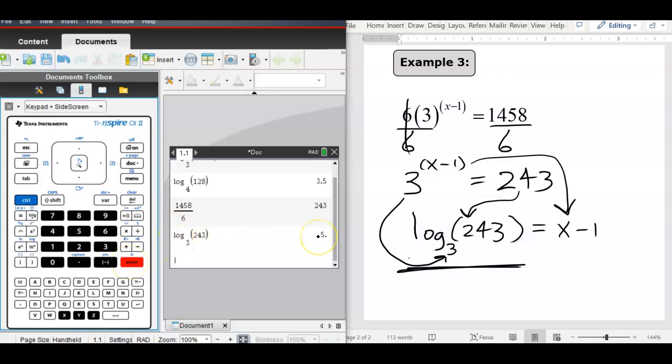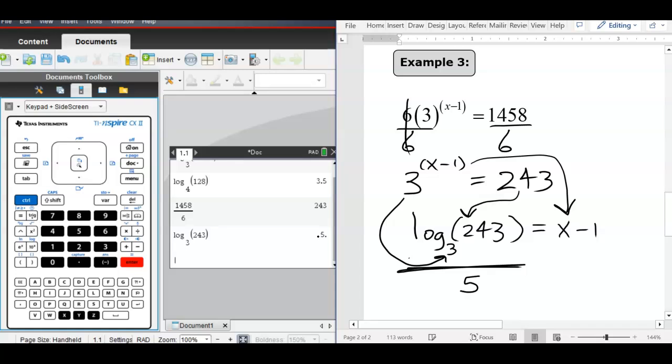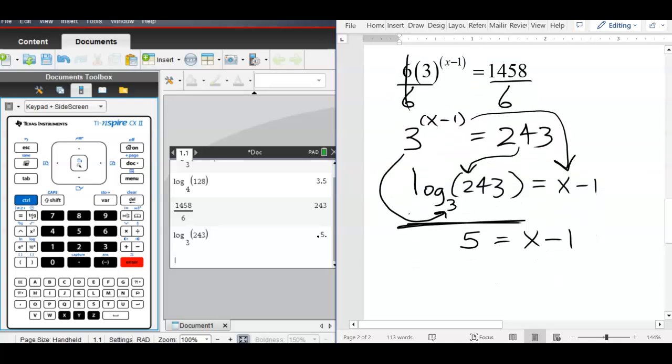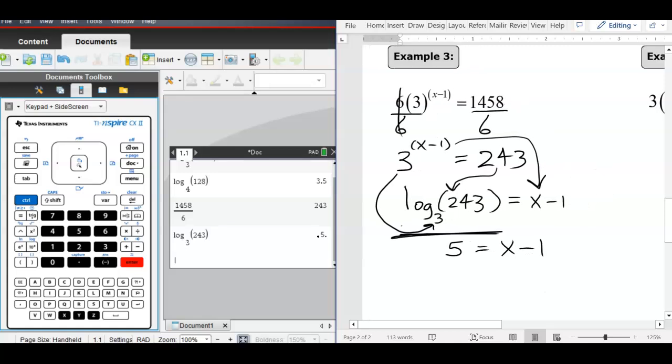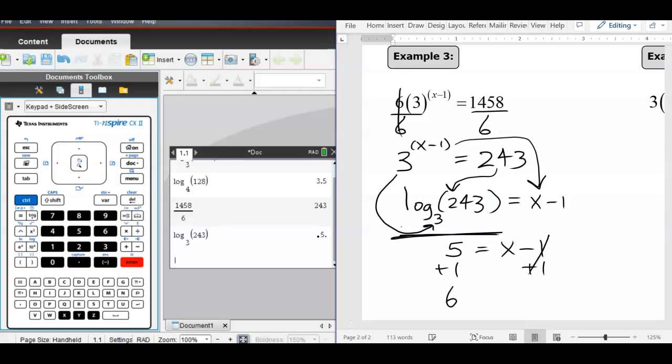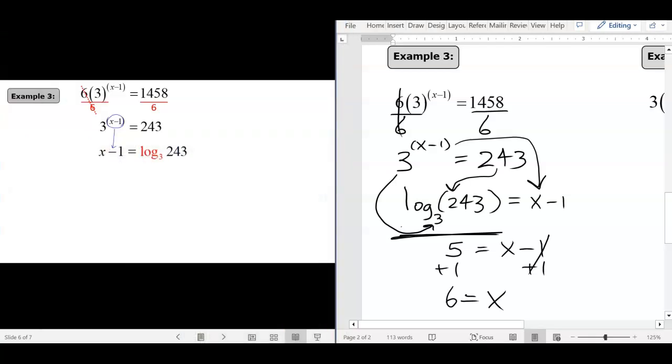So this whole left side of the equation is going to be 5, which equals x minus 1. So 5 is not the answer because x is not by itself yet. I'm going to get rid of that minus 1 with my last step, plus 1, plus 1. 5 plus 1 is 6. That'll do.